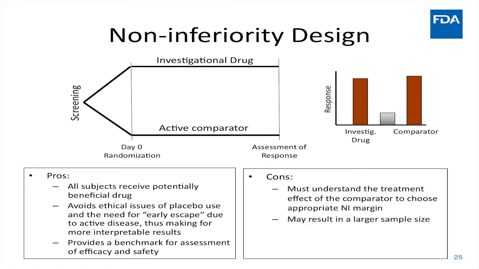So we really need to have a good understanding of the effect size of the comparator to estimate the non-inferiority margin. Again, these might be too much detail, but these are considerations that are still practical. One issue might be that it might result in a slightly larger trial, but that would be a good way to compare both safety and efficacy to a benchmark.